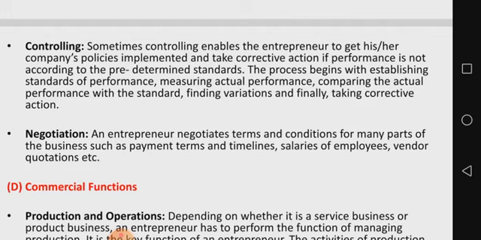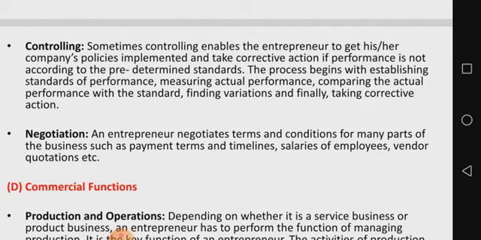Sometimes this high level of discipline can also turn into exploitation of the employees. But if you are a good entrepreneur, you will take care of the rights of your employees and their needs, when they need to be let free from work, their problems and all those things.